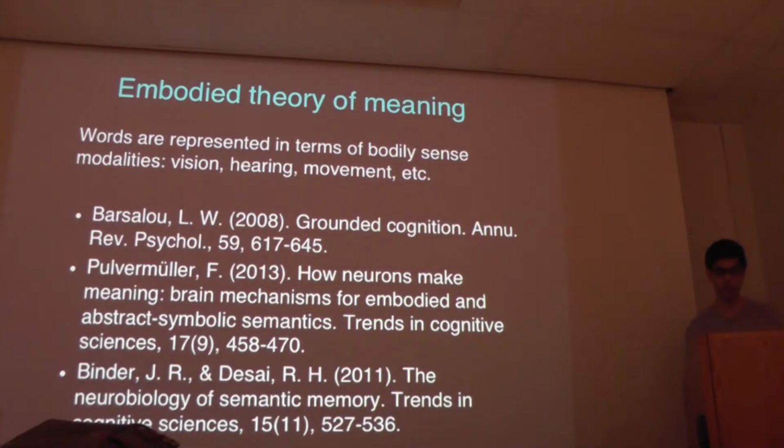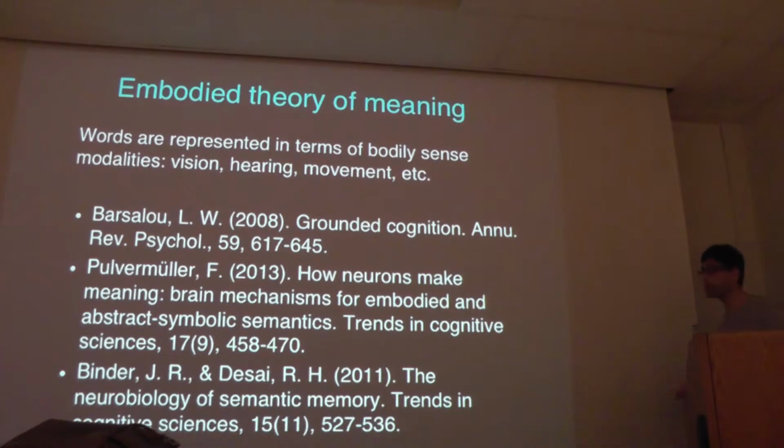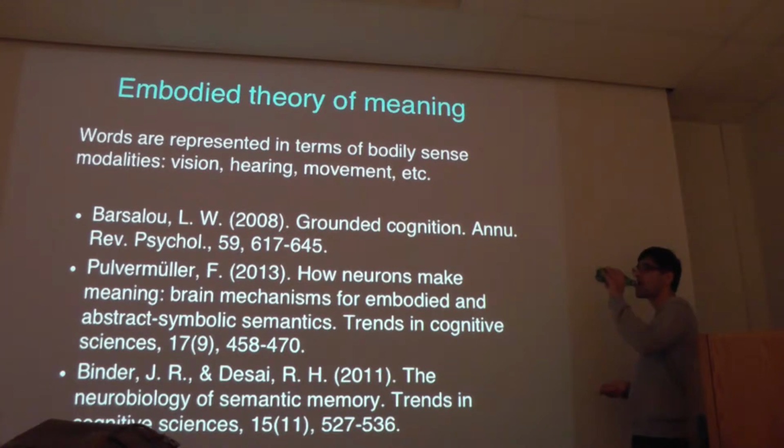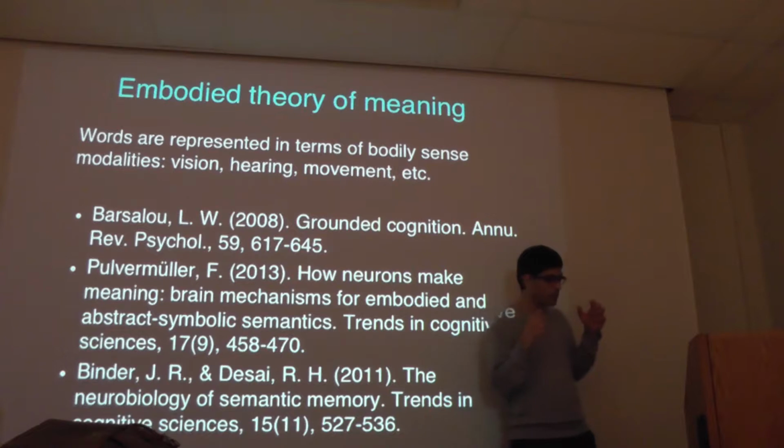Okay, so one place where there's a lot of open questions is this other theory of meaning that we'll spend a little bit of time talking about, which is this embodied theory, which has some interesting relations to philosophy if you're into that sort of thing, but is very directly tied to neuroscience as well. This takes this big question of how are words represented in the brain, and it tries to make it quite concrete.